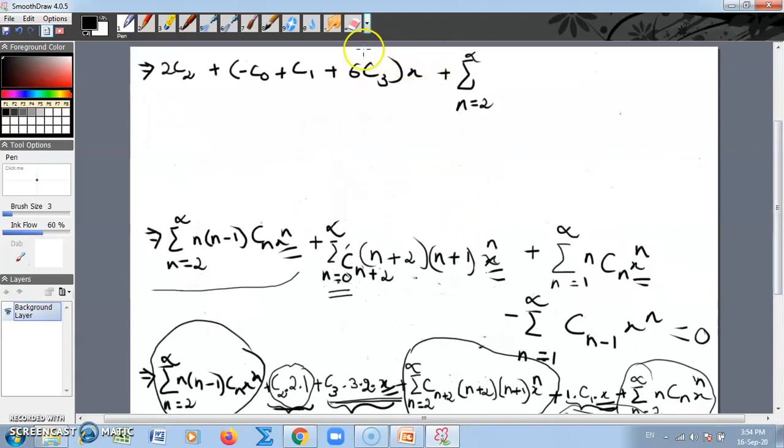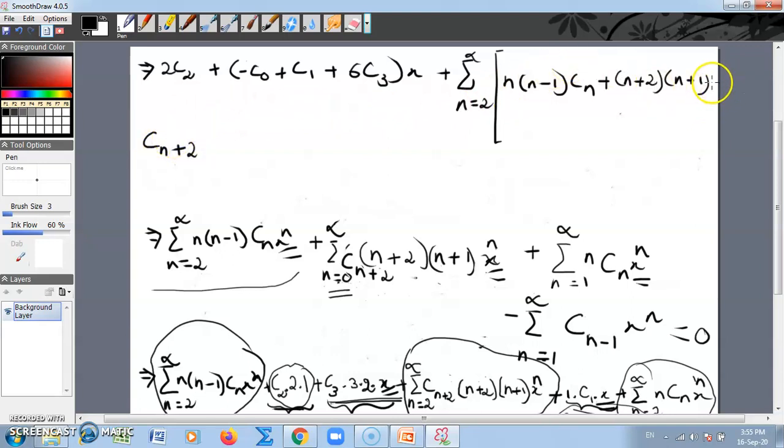So that's what we do here, and we have taken this outside, and now we take all of them inside the bracket, and you will find that they are like this: n into n minus 1 cn, plus n plus 2 into n plus 1 multiplied by cn plus 2.